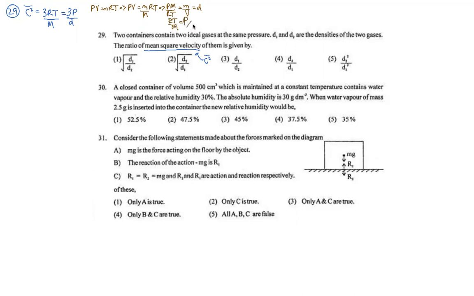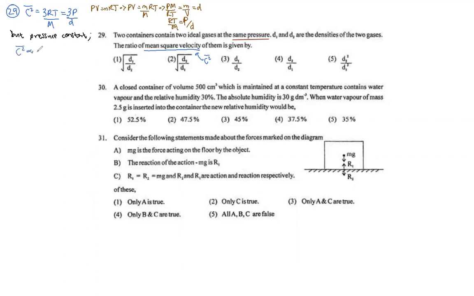We use this concept, 3P over D, also in speed of gas in air. They are saying the gases are maintained at the same pressure. If pressure is constant, what is going to be the equation?